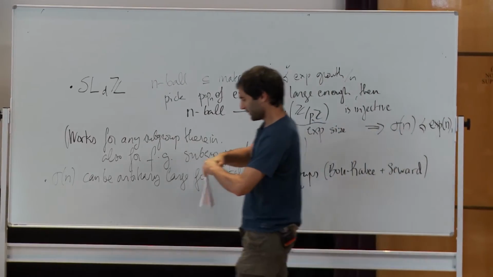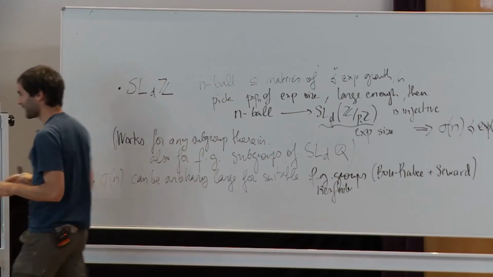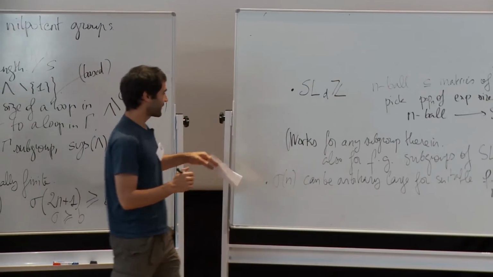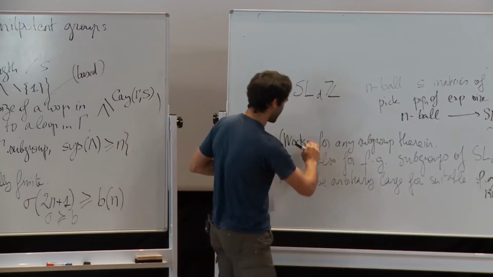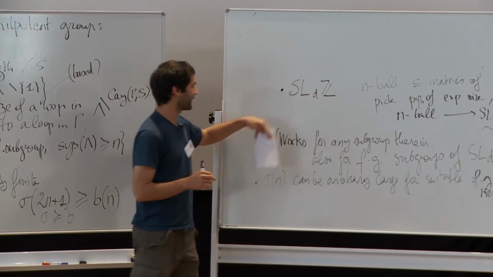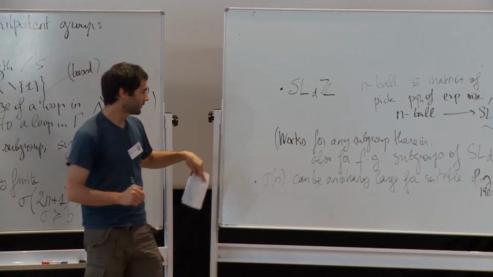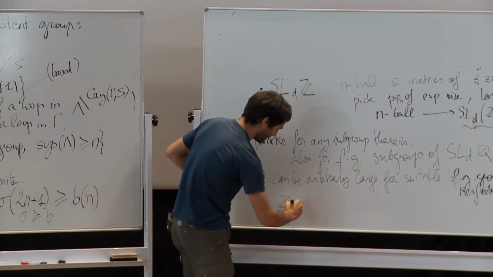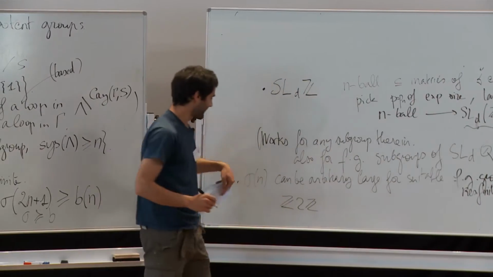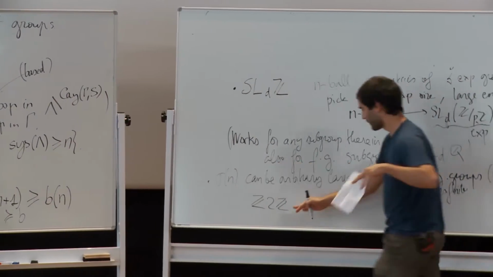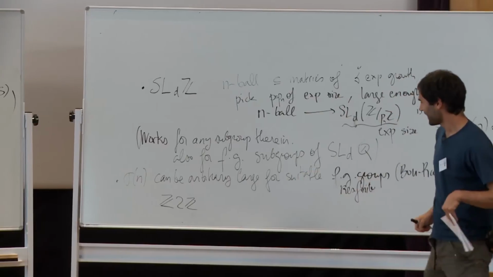Okay. So actually, my favorite example of a group which is linear but not over Q would be, say, the wreath product of Z with Z. I won't go precisely into this group, so I just write it.